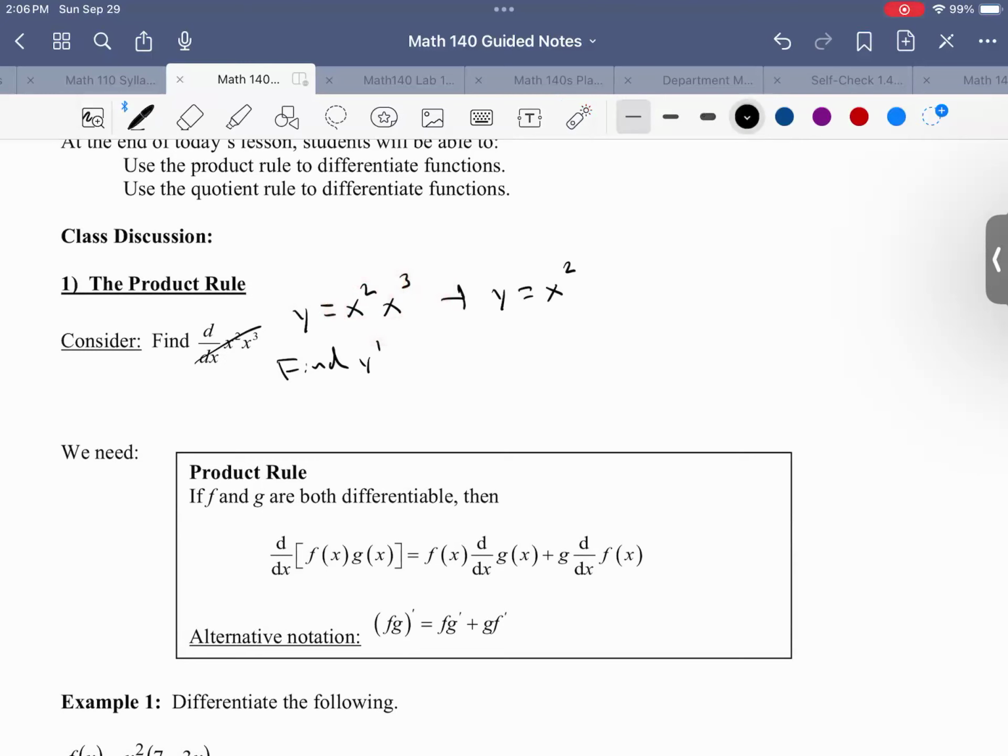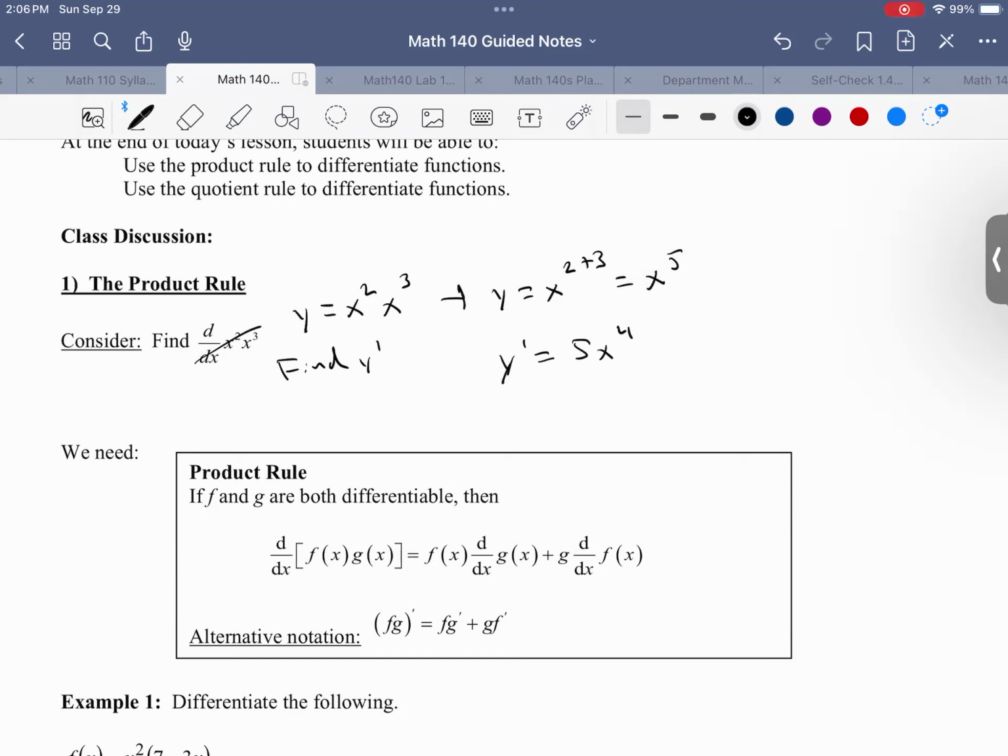So it would be 2 plus 3, which is x to the fifth. In order to find the derivative of this, I would just use the power rule. You drop down that 5 and subtract 1, so the derivative of this would be 5x to the fourth.